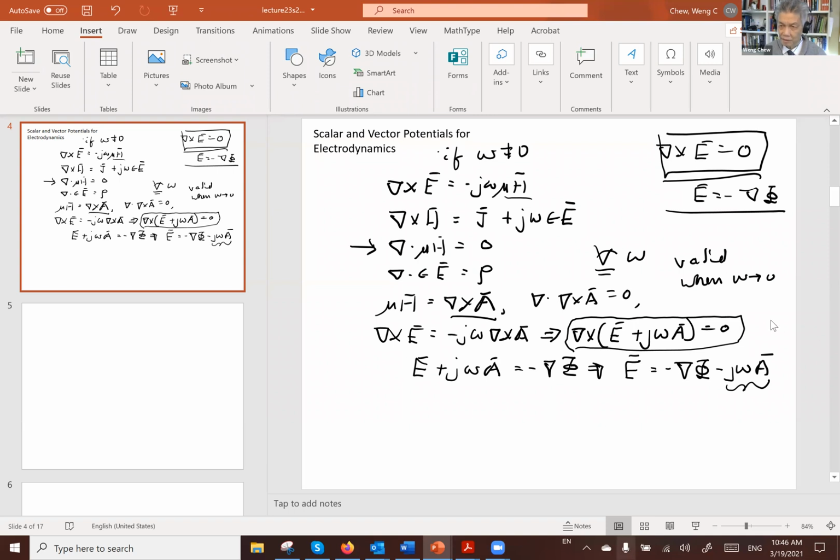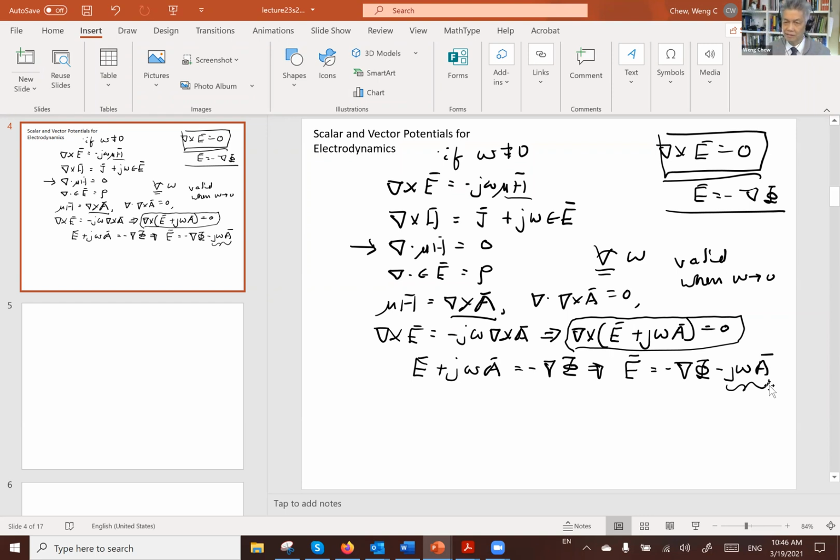Okay, and you will realize that this term actually comes from the magnetic field. It is there because we now put in the magnetic field on the right-hand side of Faraday's law. And because this term is coming from the magnetic field, we call it the induction term. Anything that has to do with the magnetic field is called an inductive term, like an inductor and so on.